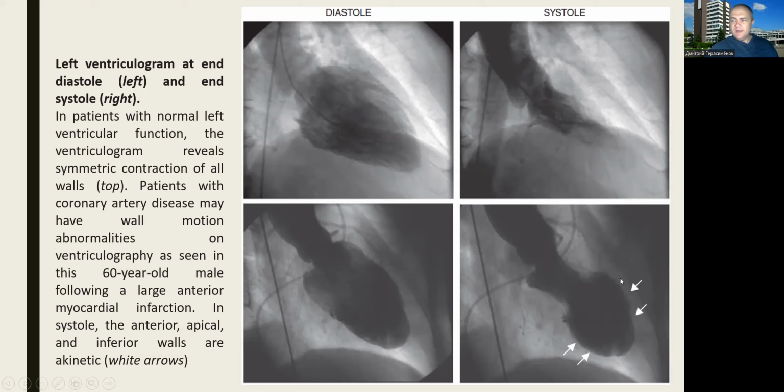If we compare with the diastolic phase, no changes are revealed during the systolic phase. So this part of the heart is akinetic. It doesn't contract at all.